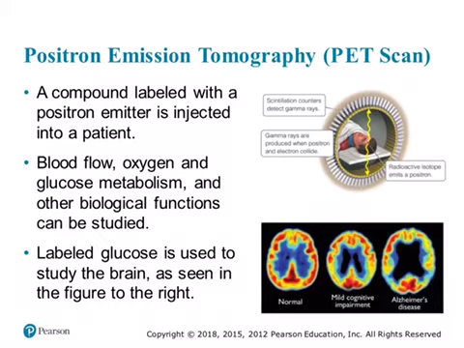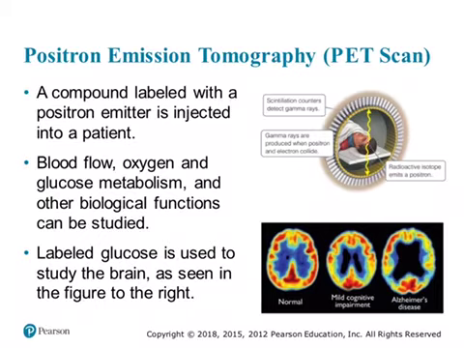So here's what happens. The radioisotope emits a positron. That positron is then detected by scintillation counters. They detect gamma rays, and those gamma rays are produced as a result of when a positron collides with an electron.